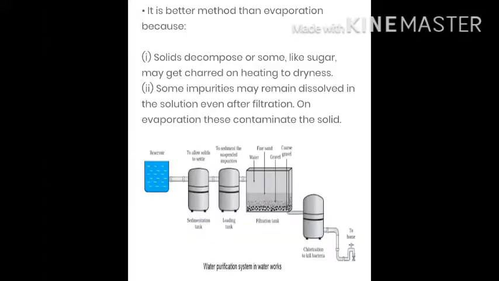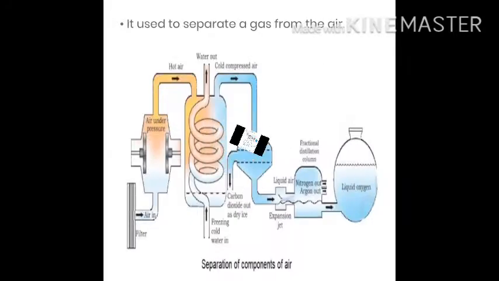It is a better method than evaporation, meaning crystallization is a better method than evaporation, because some solids decompose or some, like sugar, may get charred on heating to dryness. Some impurities may remain dissolved in the solution even after filtration. On evaporation, these contaminate the solids.